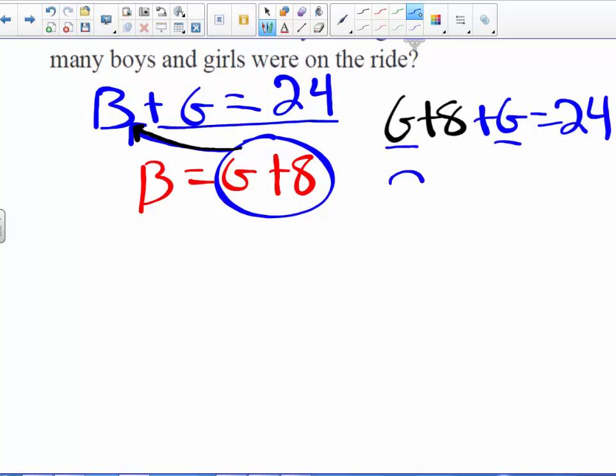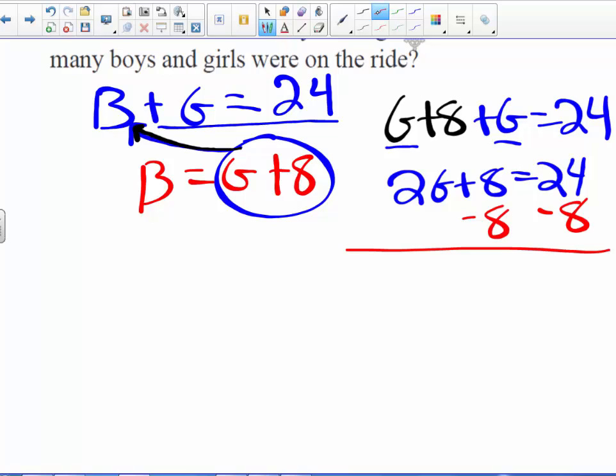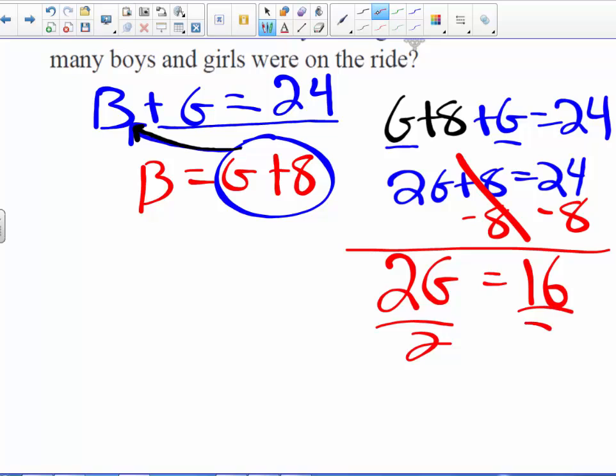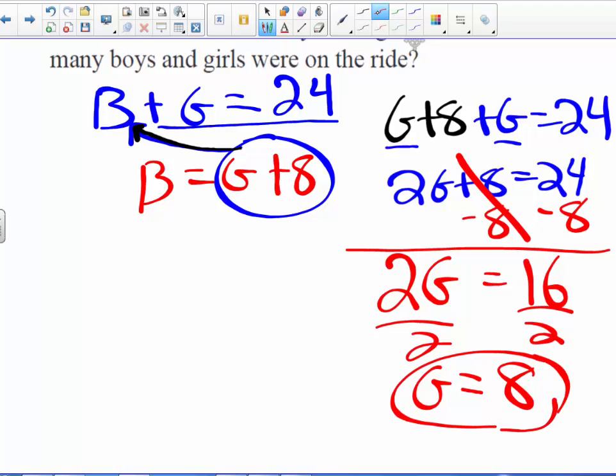Add g and g, and you get 2g plus 8 equals 24. Subtract the 8 from both sides, and you get 2g equals, that cancels, 24 minus 8, 16. Divide both sides by 2, and g is equal to 16 divided by 2, which is 8. So there's a total of 8 girls.